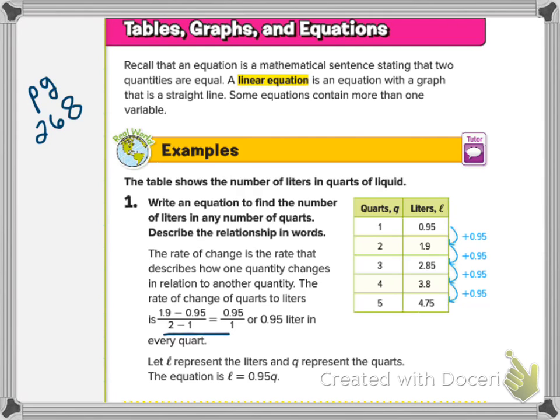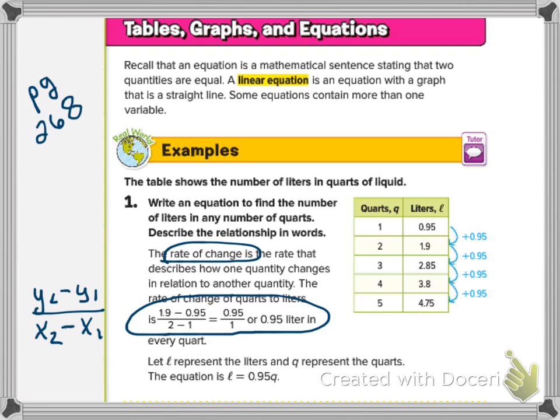And you can see here they're doing the steps of taking y minus y over x minus x, and that should look familiar to you because, of course, the rate of change is the same as slope. And they're looking at that comparison.